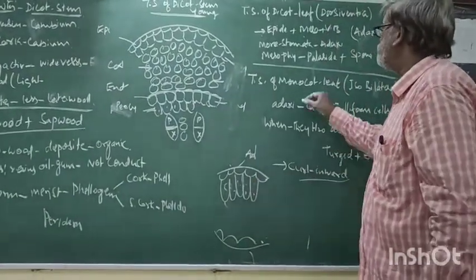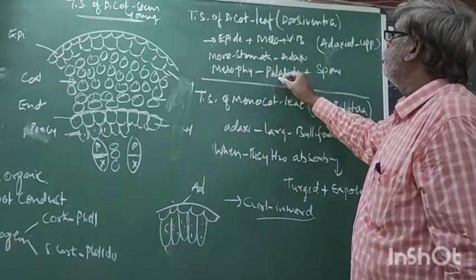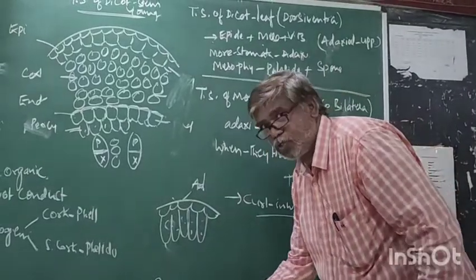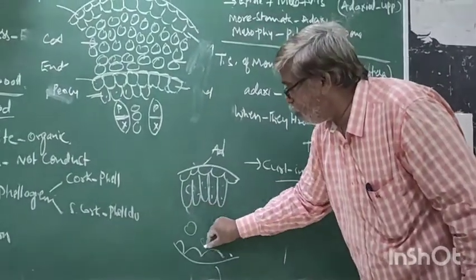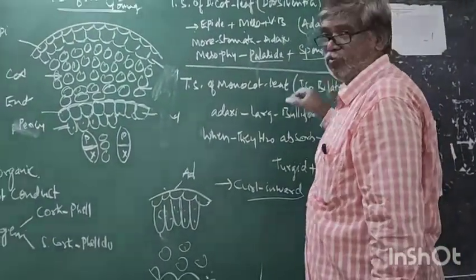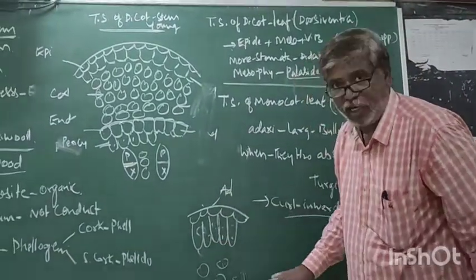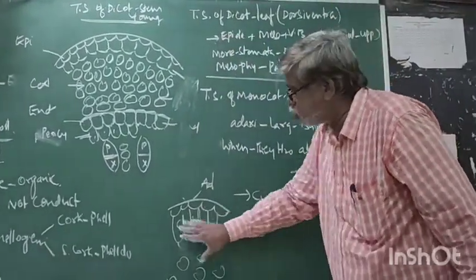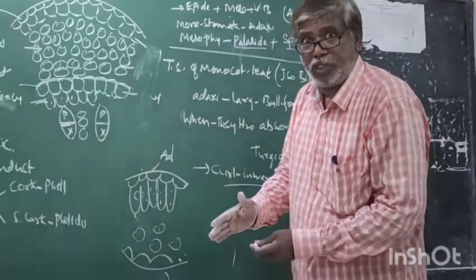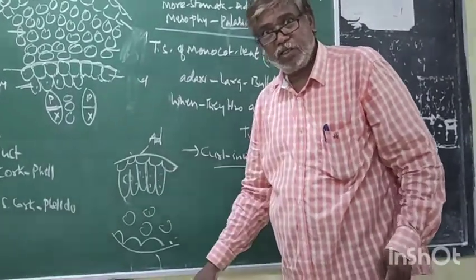This type of mesophyll tissue is called palisade mesophyll. The mesophyll towards the abaxial side is spherical with intercellular space and is called spongy mesophyll. So in dicots, the total mesophyll tissue is differentiated into two regions: the upper palisade and the lower spongy.